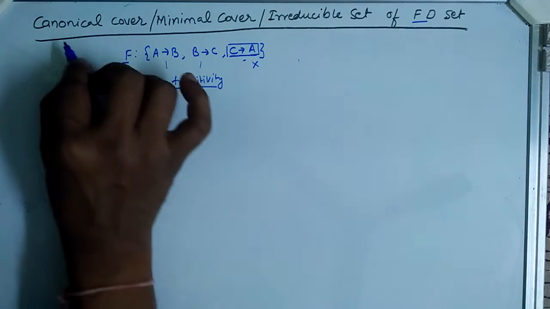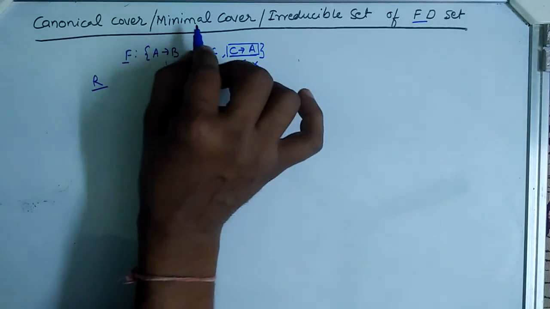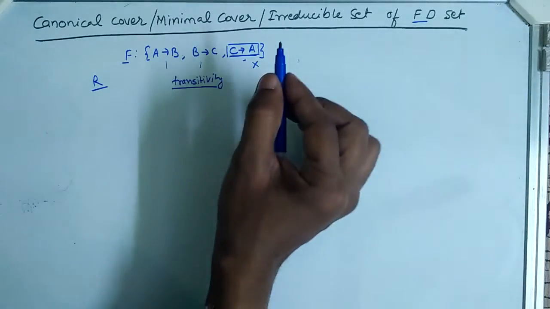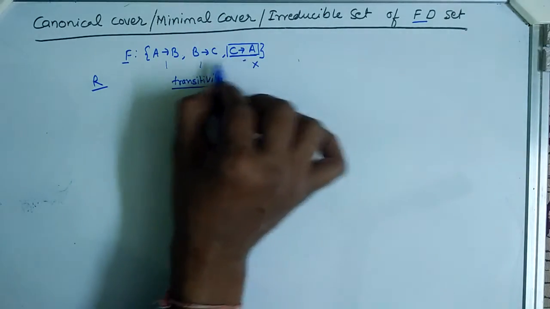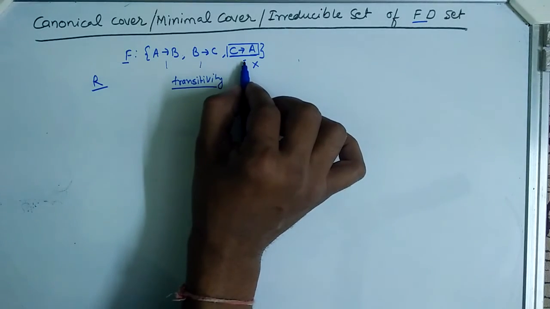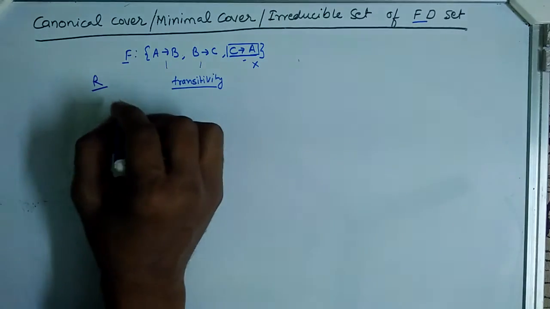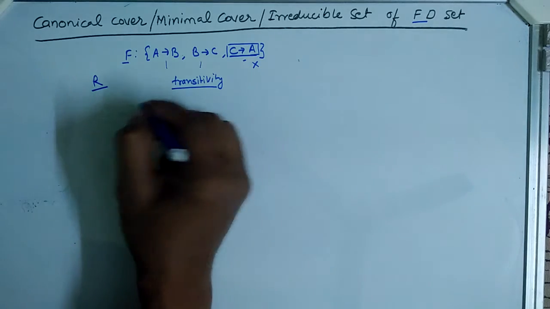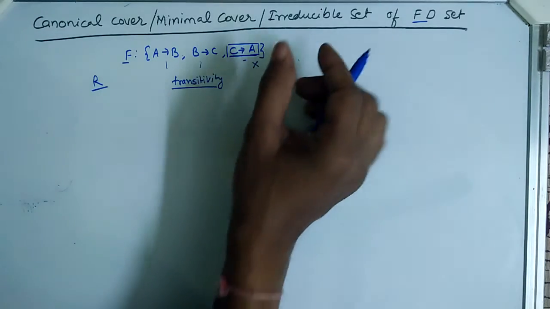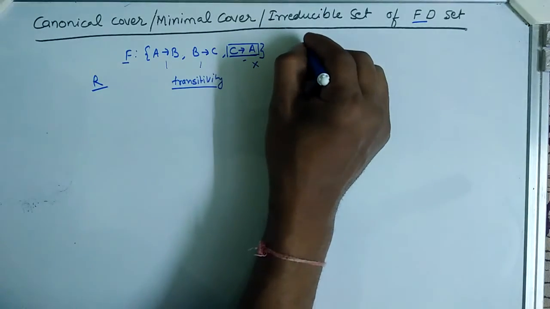So in canonical cover or minimal cover or irreducible set, we need to find these types of functional dependencies which are redundant in the given set. Along with this, we need to eliminate the extraneous attributes. So to find the irreducible set, two things are there.